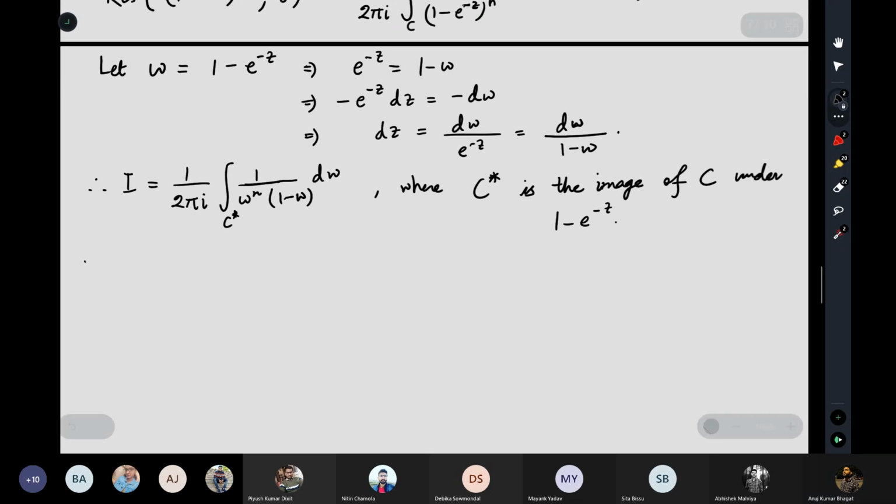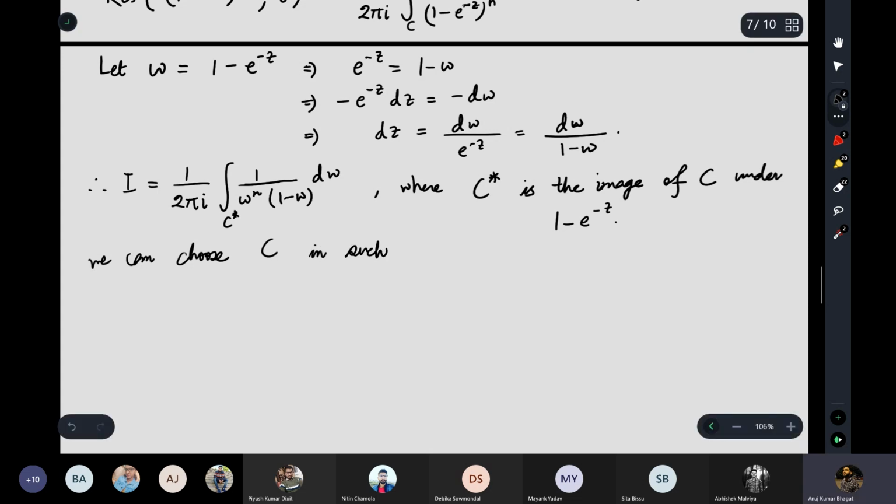Now we can choose C in such a way that C star contains 0 and not 1.